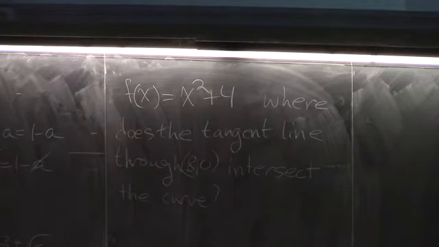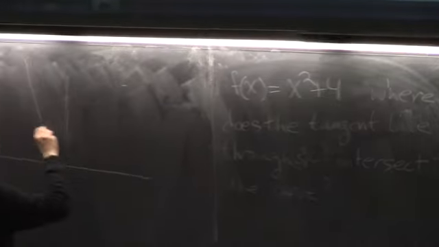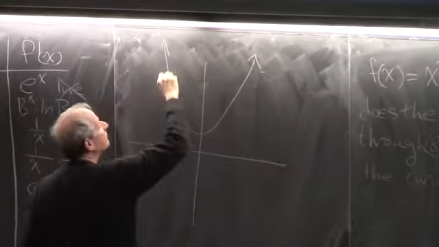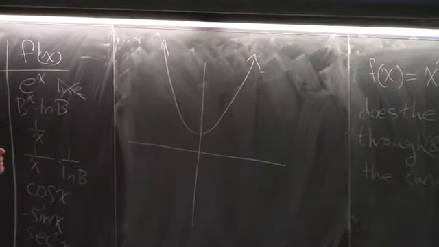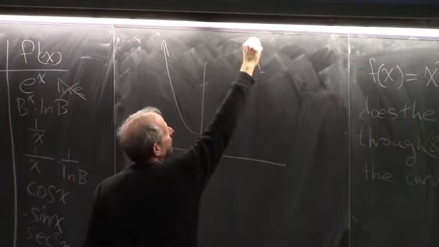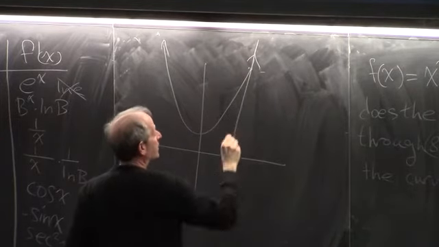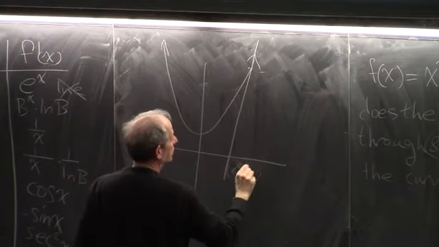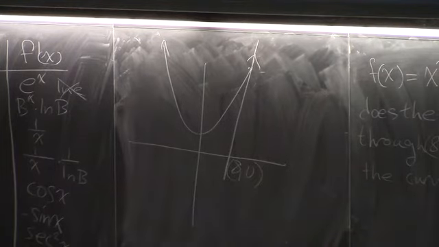So we have the curve, f of x equals x squared plus 4. Looks something like that. And we've got a tangent line through (8, 0). Okay?